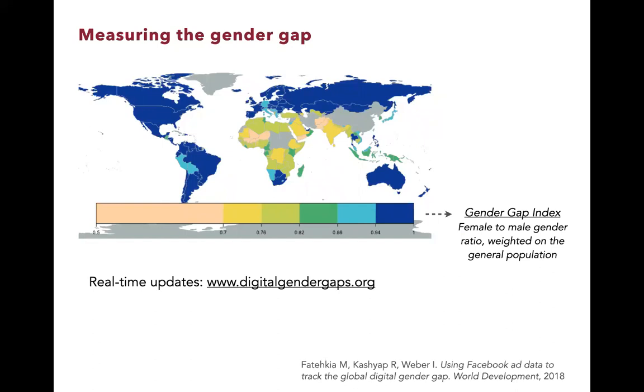And as part of this project, they also created an interface where you can see updates in real time on the digital gender inequalities as measured via Facebook and other data sources. And so you can really track in real time the progress in women's participation in the digital revolution and its opportunities.